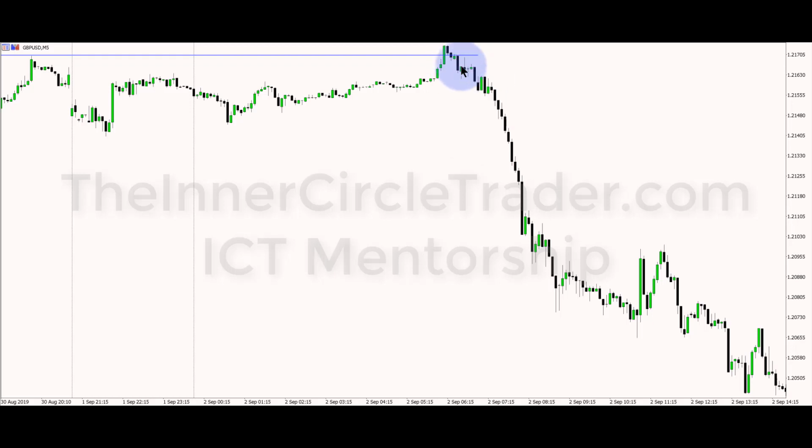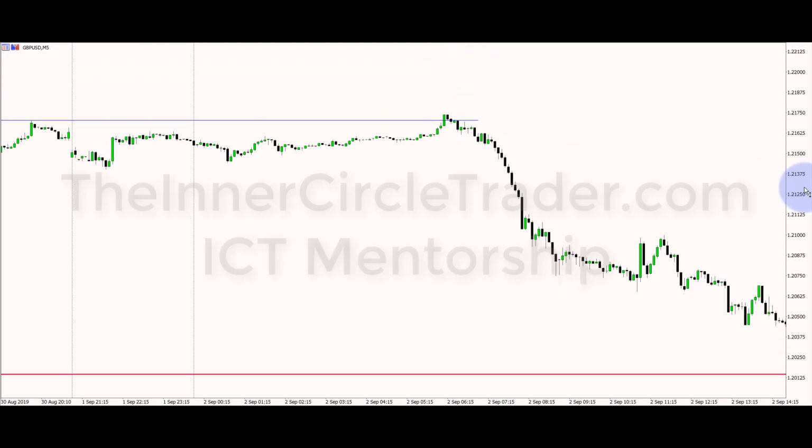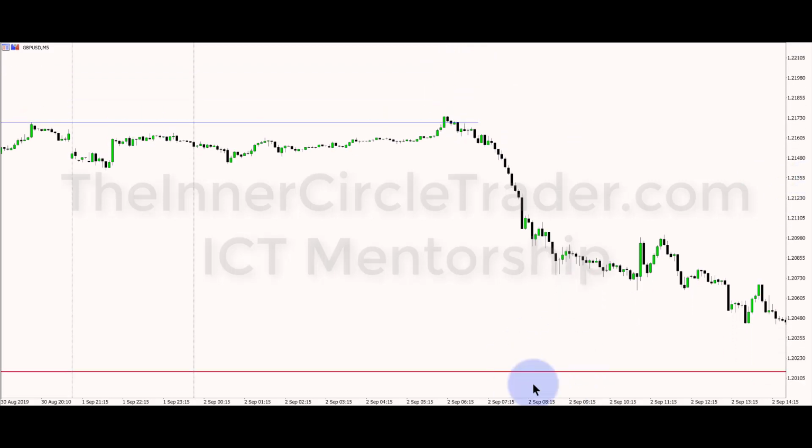We want to see price trade up into that. We could be a seller there. Stop above here. We have another imbalance here. What are we looking for? Remember, this down here is where price is being drawn, and below that.